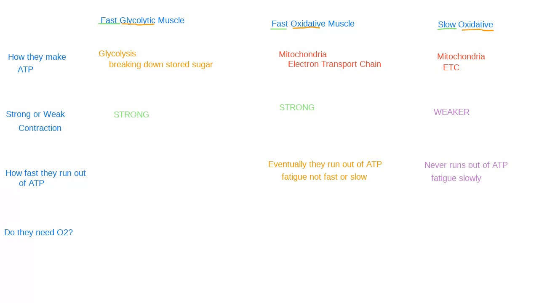So we would say that these run out of ATP really fast, or they fatigue quickly, because I have a limited amount of sugar and I'm chopping it up really quickly. Fast glycolytic fibers run out of ATP or they get tired really quickly.